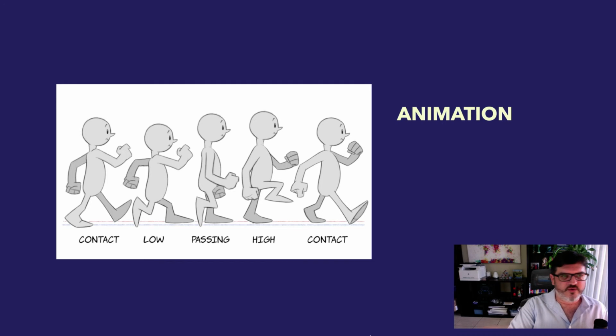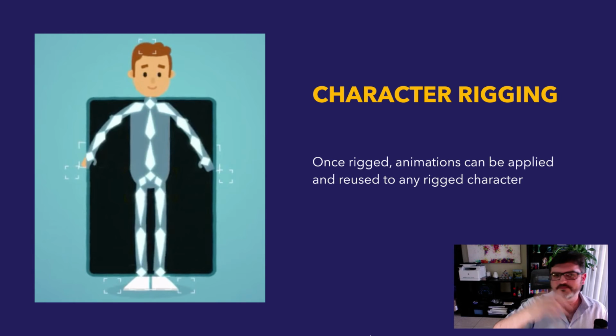You can just say, oh, I built this animation one time, I rigged my character now, apply that animation to it, and boom, you can animate this character. You can have 100 different characters, you rig them all up, they're all bipeds, you apply the same animation to it, and you can get them all walking in step. Very cool, very fun to work with.